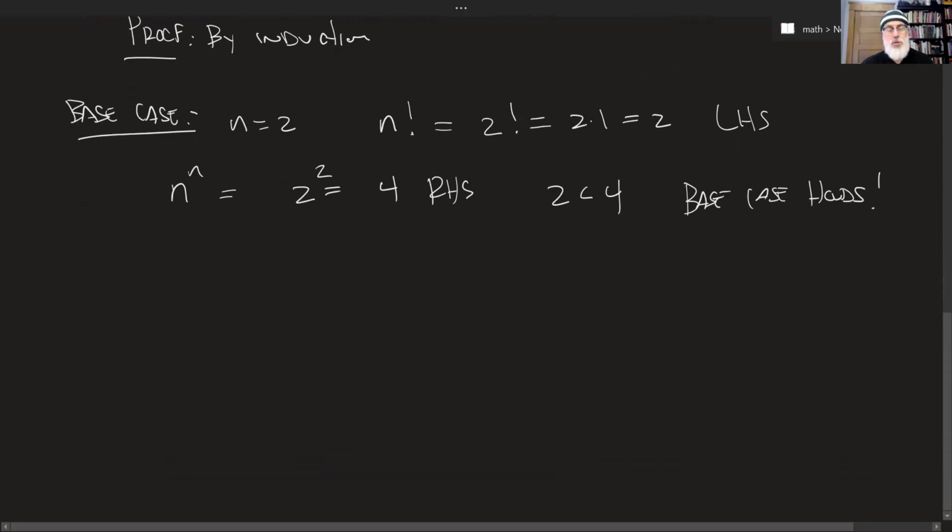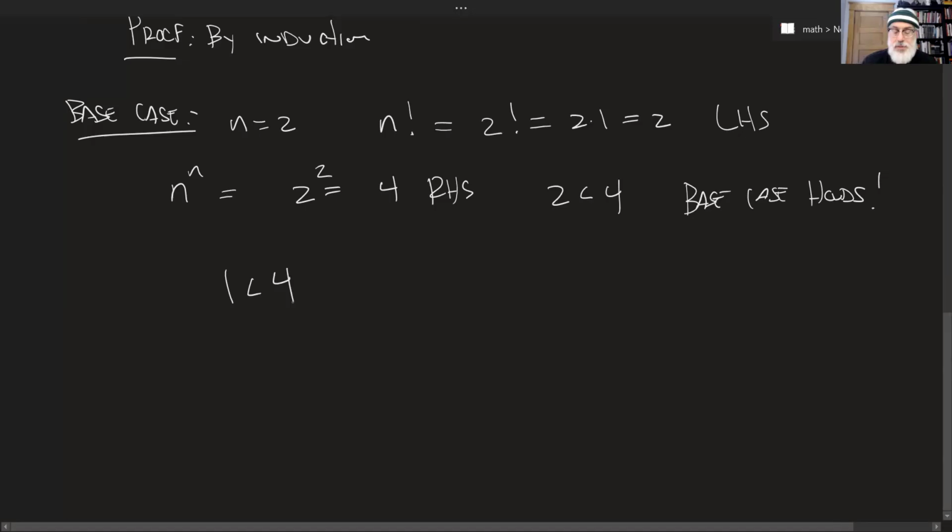Now, before we move on to the inductive step, we're going to be building inequalities. Assuming the minimum amount of knowledge here, let me explain it this way. Let's say I have some value, 1 is less than 4.